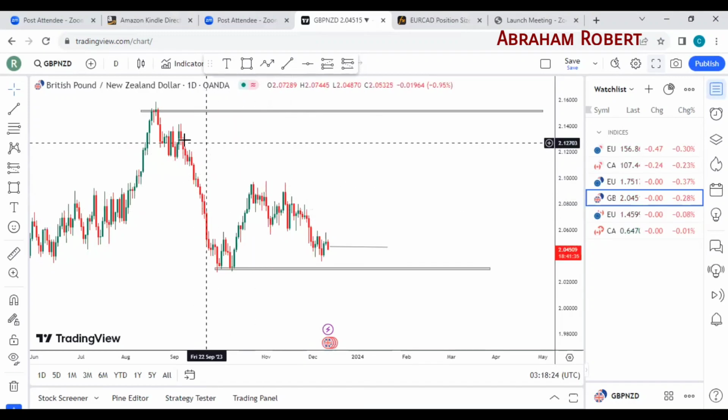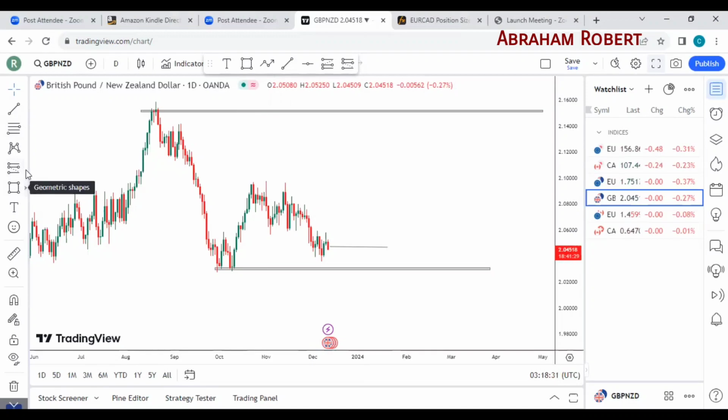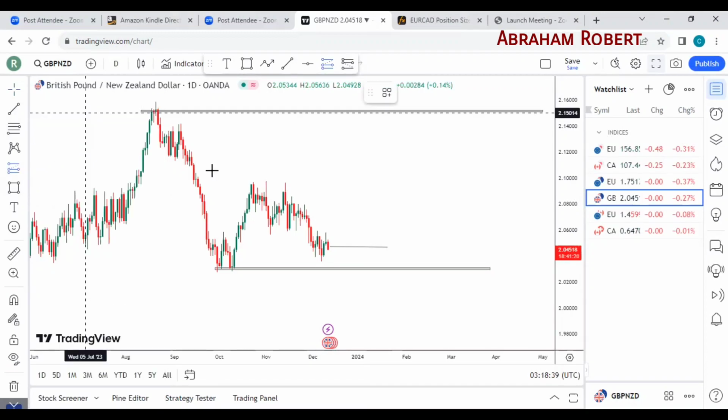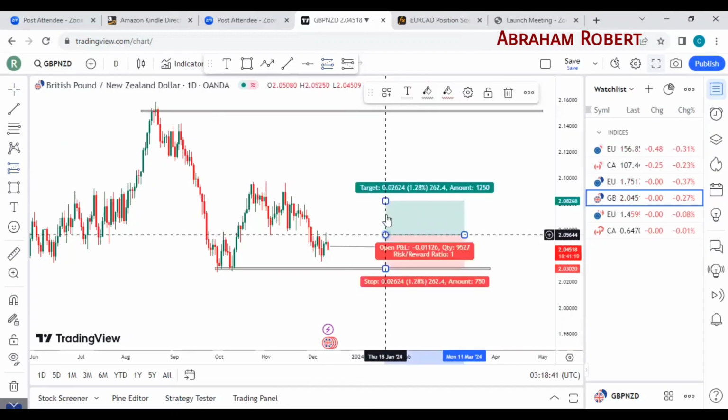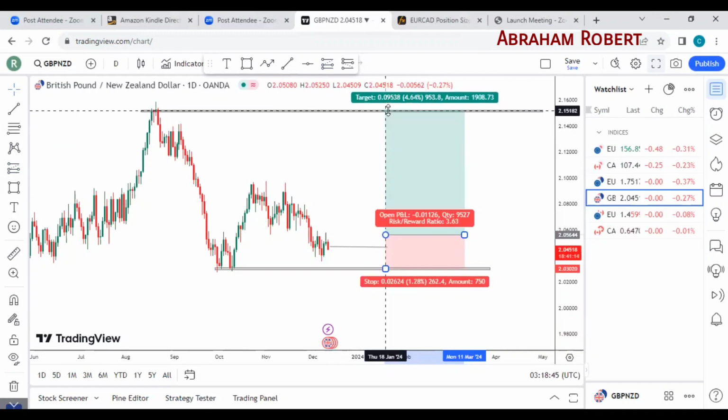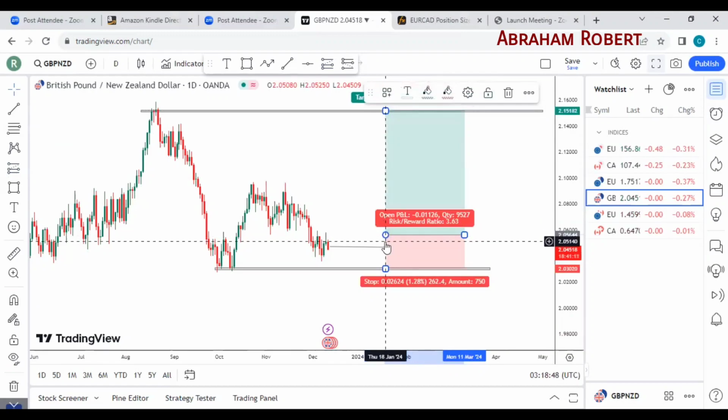Now in this case, let's assume we want to long. You come to your toolbar, to your tools. The first time we took short, but because we want to buy this time, you click on long, which is your long position, and put it on the chart. The green part is your take profit, and the red part is your stop loss.